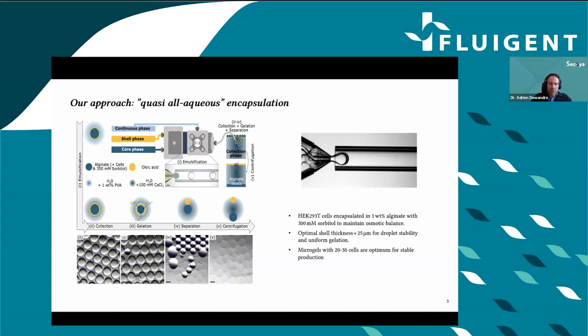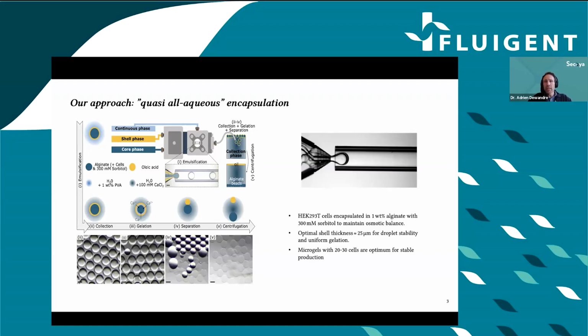I know that it seems counterintuitive to work with a double emulsion to at the end obtain single particles, but in this process there is a trick, and the trick is a sacrificial oil layer that will protect the alginate from the water of the continuous phase during the gelation process. As you see on this scheme, in this process, we use alginate with cells in the core phase.